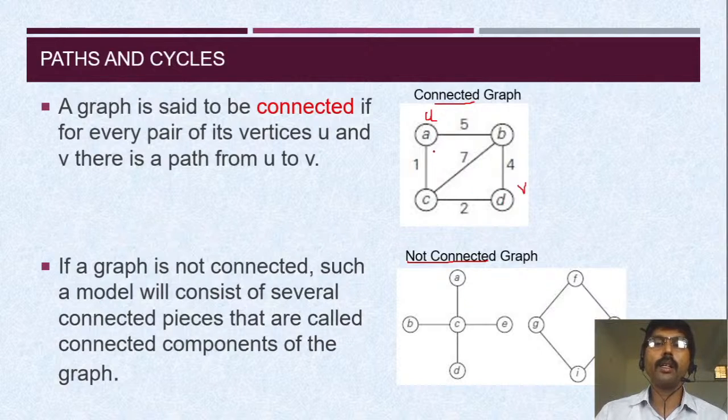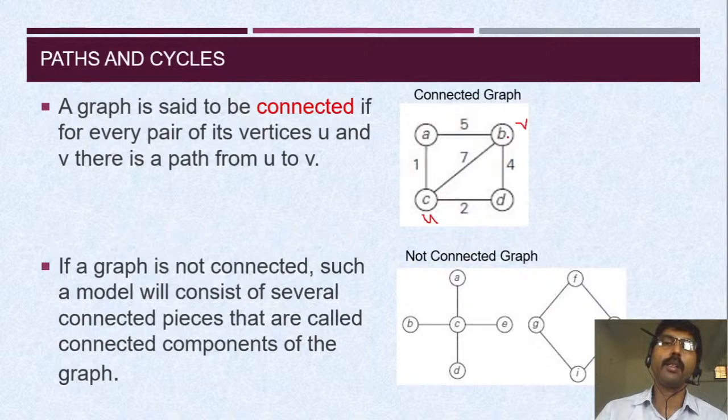Now see, this is one path, this is another path here. If you consider this one as U and this one as V, again there is a direct path. You can go from here.